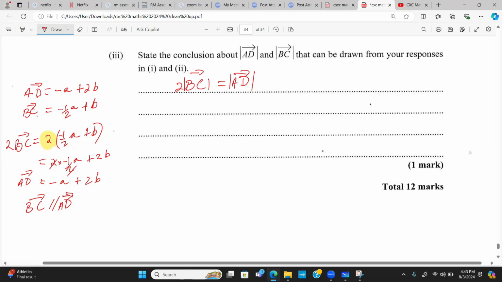That is the relationship with their magnitude. If I multiply the size of BC by 2, I'll get the size of AD. That's one way of putting it. A second way I could have looked at the relationship, I could have said half the magnitude of AD will give me the magnitude of BC. So whichever one of these responses that you would have picked would have given you the answer.